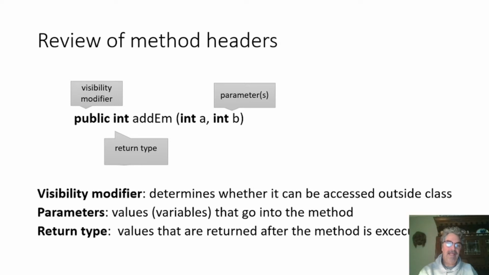You can have any number of them, and those are values that go into the method that are usually useful in having the method execute. If you don't know what two numbers to add, you can't get very far with an add method, so you have to send the two variables in this case. So be aware of the terminology. I'll be using it going forward a lot.